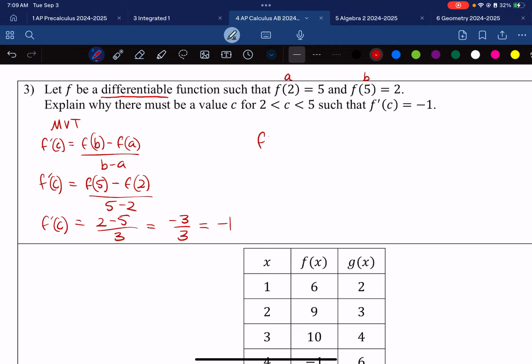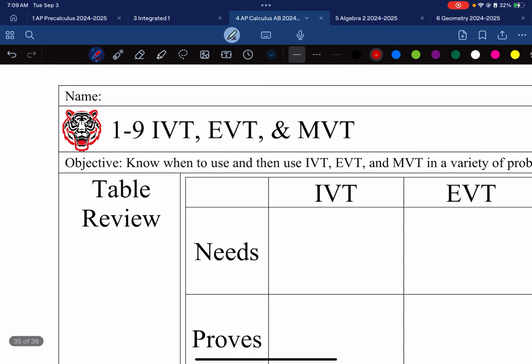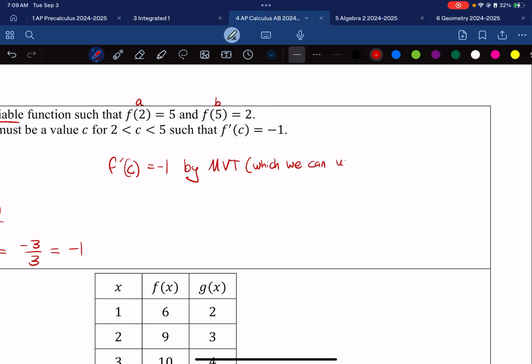But you can say that f prime of c is equal to negative 1 by MVT, which it's important to note we can use because f is differentiable. It's important to note that it is differentiable, so we can use MVT.